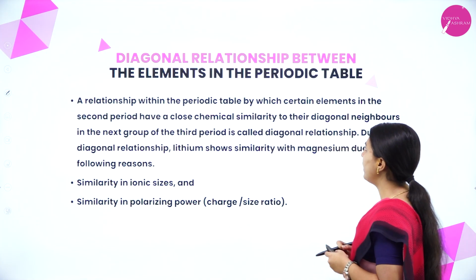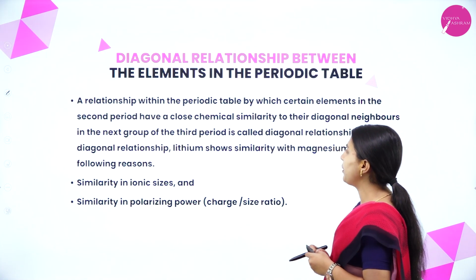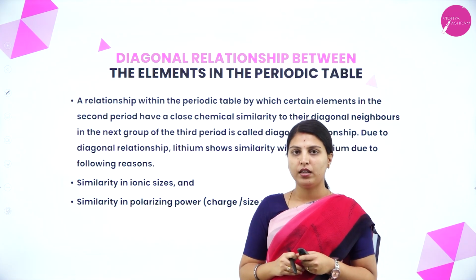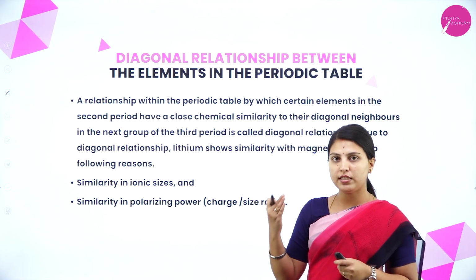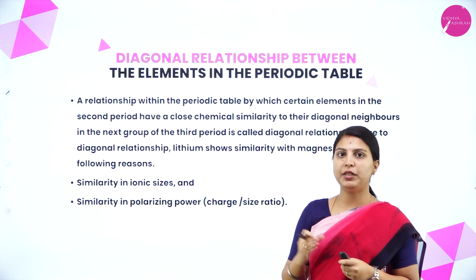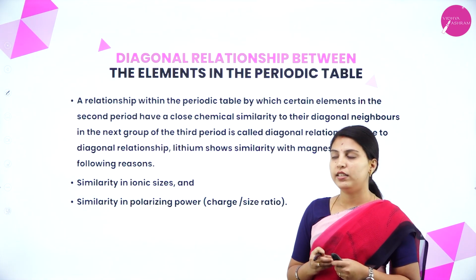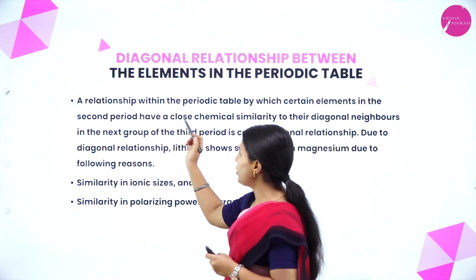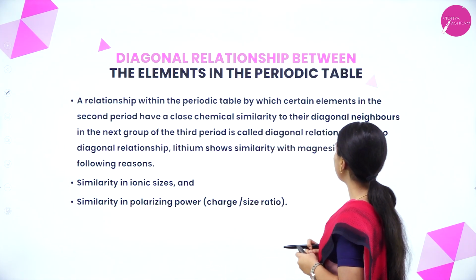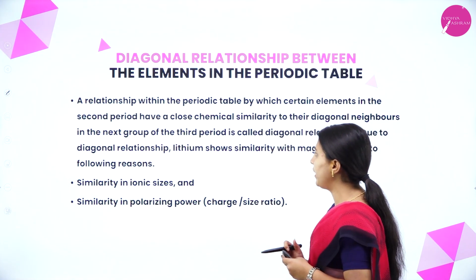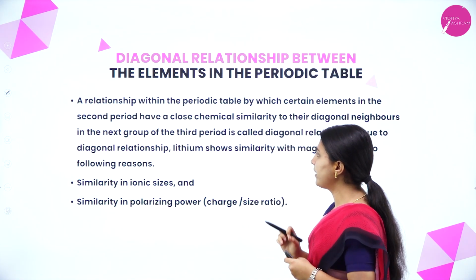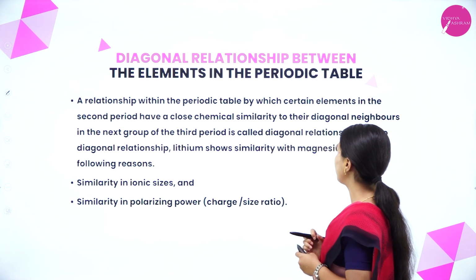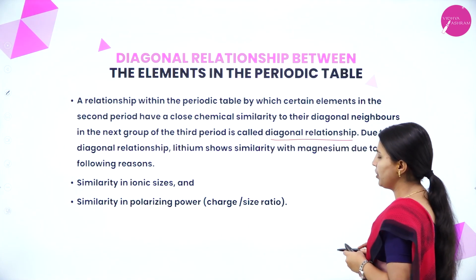Next, we'll see the diagonal relationship between the elements in the periodic table. You know that an element which is diagonally placed to another element shows similarity in the periodic table. A relationship in the periodic table by which certain elements in the second period have a close chemical similarity to their diagonal neighbors in the next group of the third period is called the diagonal relationship.